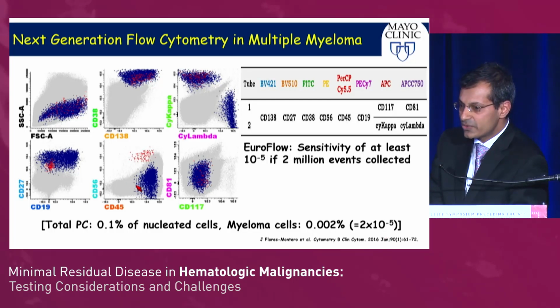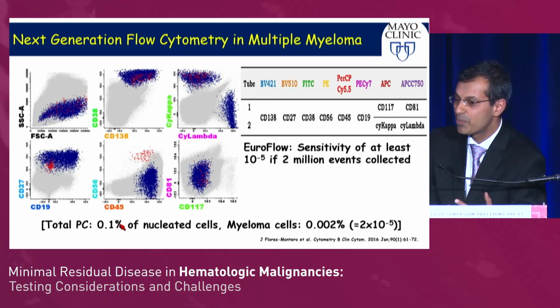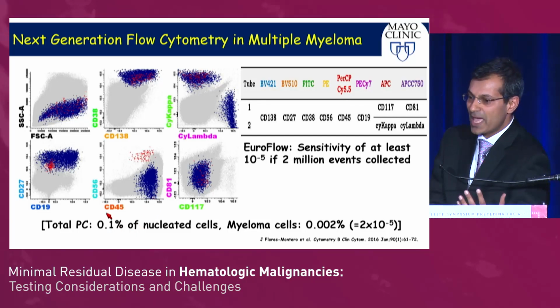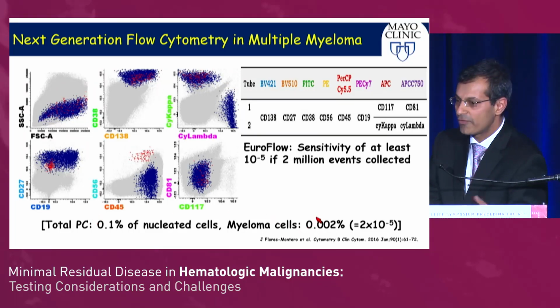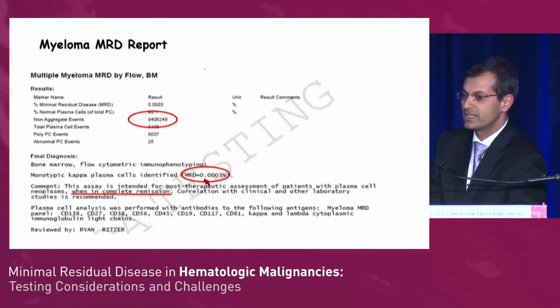And the blue cells represent all plasma cells. The gray cells here are the background nucleated cells. So this flow cytometric analysis can detect 0.1% of plasma cells out of the total nucleated cells, and 0.002% of nucleated cells were actually the myeloma cells in this patient.